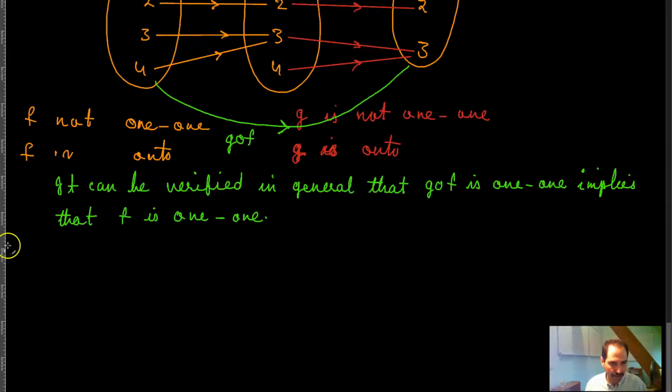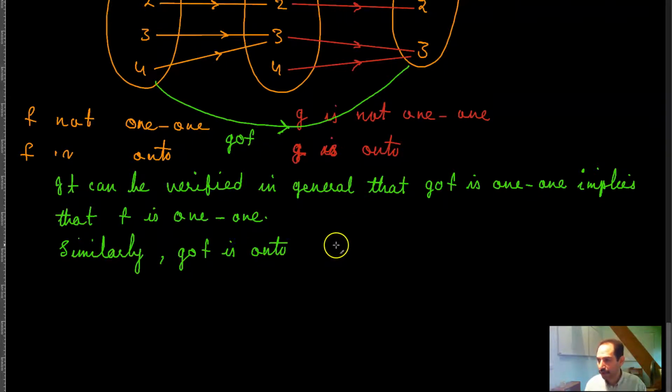And similarly you can say that g∘f is onto implies that g is onto.